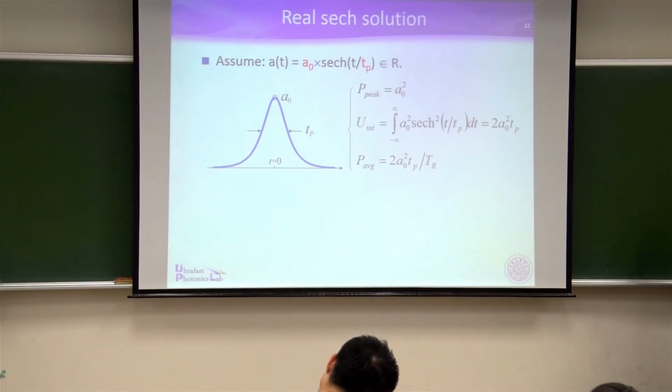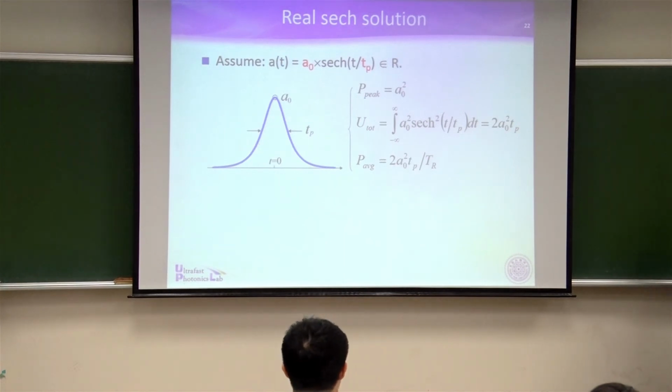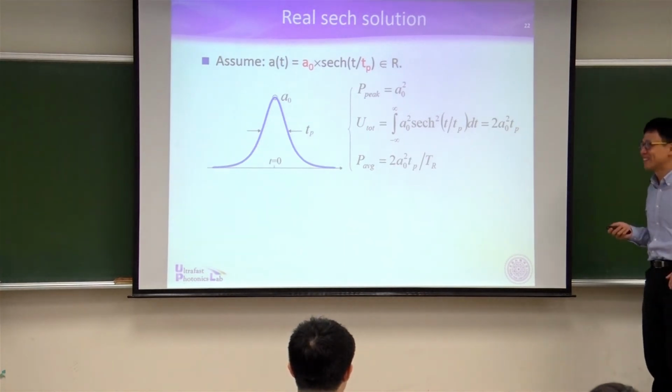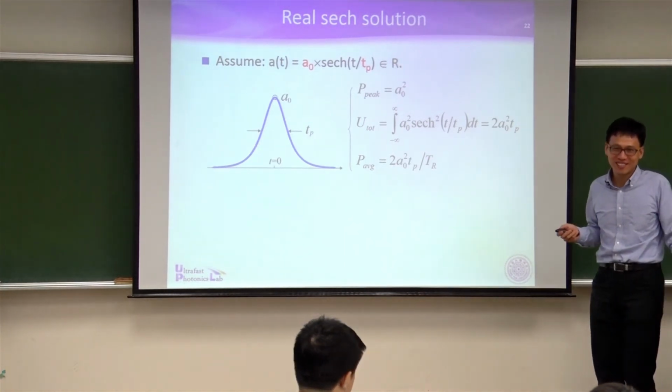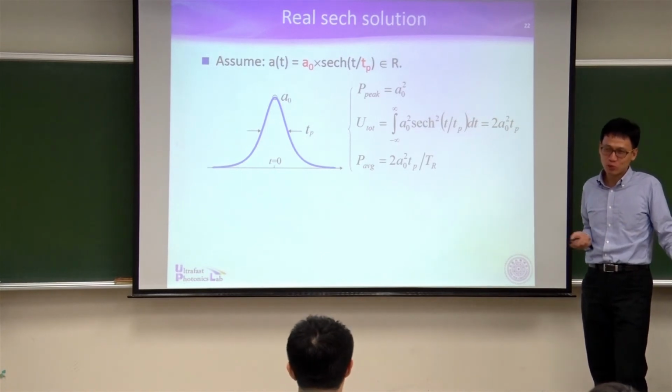Okay, but you might ask me, how do you know the solution is a sech function? Given the equation is nonlinear, usually a nonlinear equation may have very strange solutions, as you have known. How do you know the solution is a simple sech function? I don't know. The pioneers are very smart. They just found the solution works.